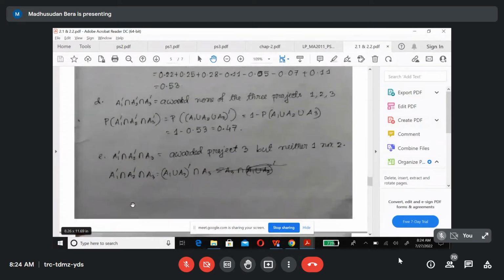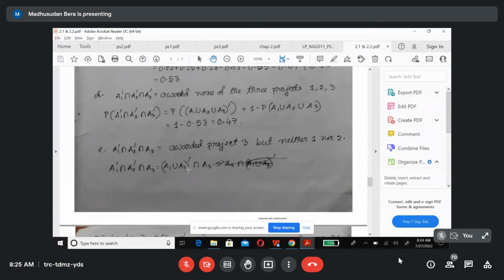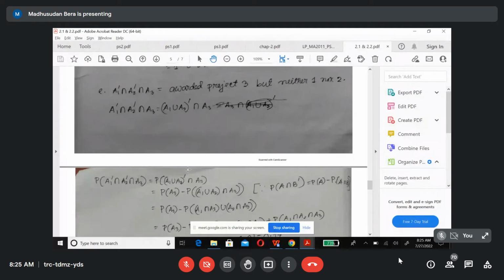How is it found? A1 dash intersection A2 dash intersection A3. Only this part we are using De Morgan's rule: (A1 union A2) dash intersection A3.